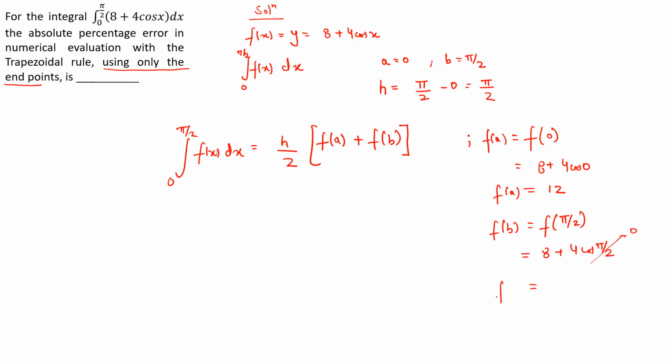So f of b simply becomes 8. Now we substitute f of a and f of b in this formula, with h being pi by 2. So this becomes pi by 4 times f of a, which is 12, plus f of b, which is 8. Solving this, we get 20 pi by 4, or 5 pi.